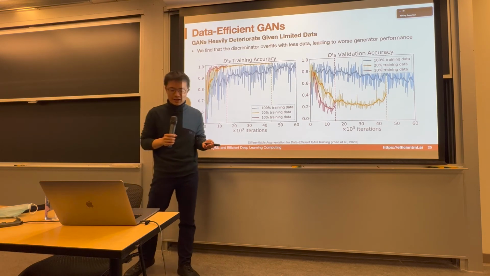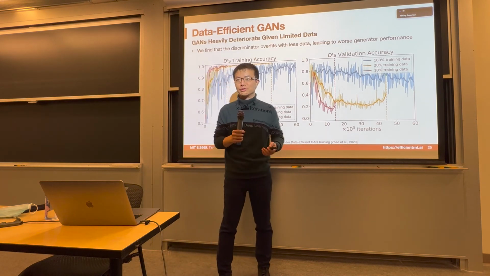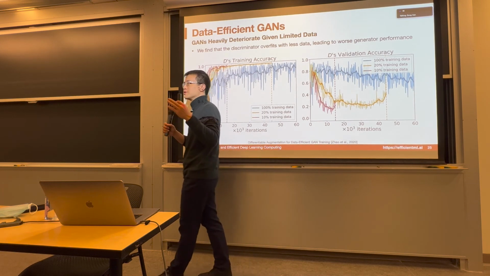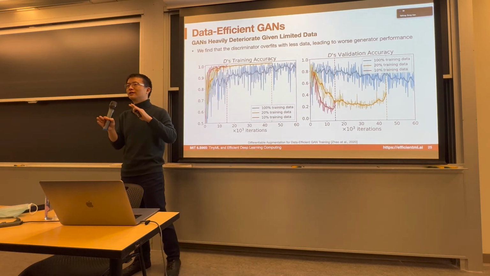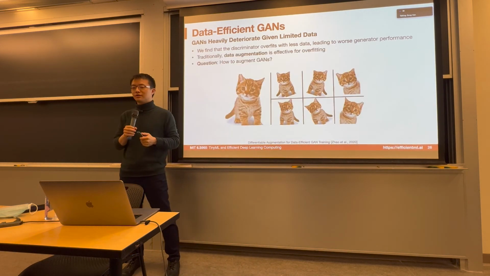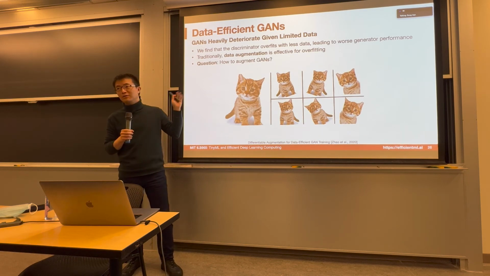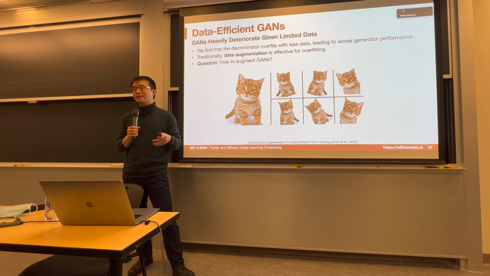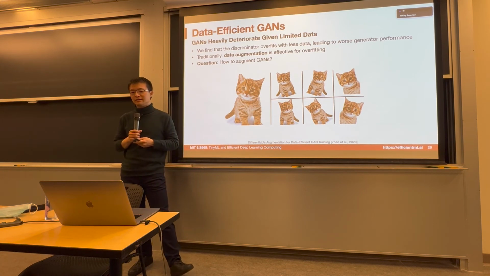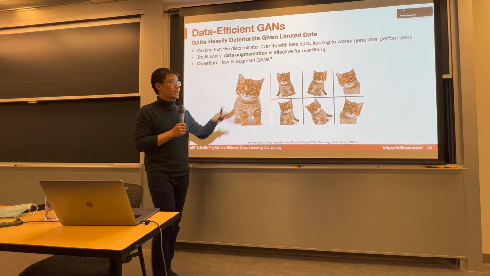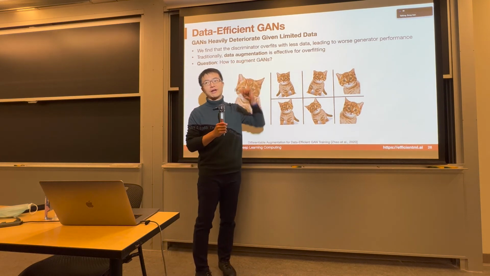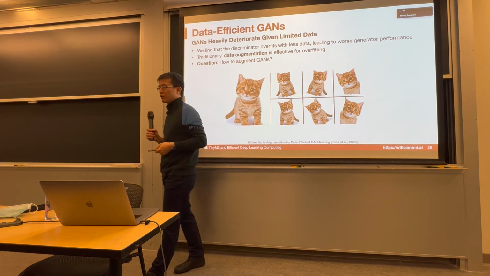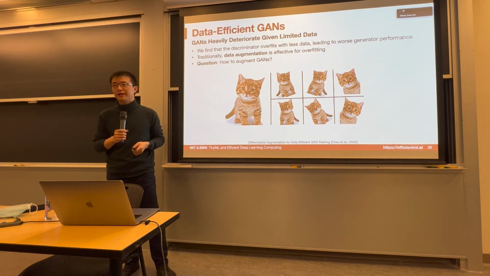Those kinds of techniques are very effective, by augmenting your image, flipping from left to right, rotating it a little bit, etc. That's exactly what is commonly used in discriminative tasks like detection, segmentation, classification. So data augmentation is very effective to cope with the overfitting problem, right?